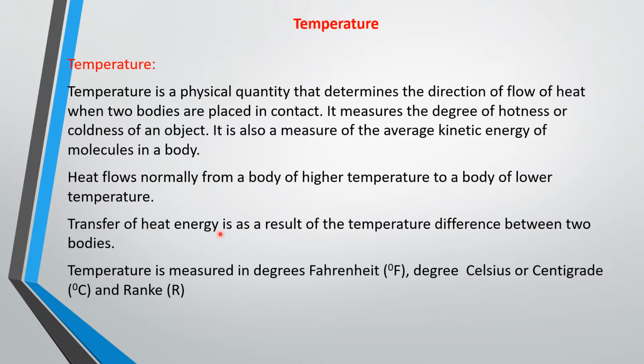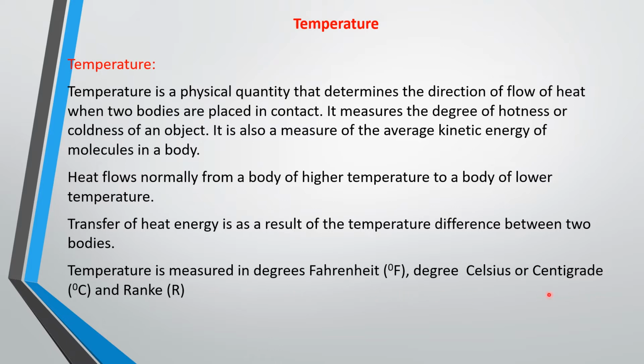So transfer of heat energy is as a result of the temperature difference between two bodies, and temperature is measured in degree Fahrenheit, degree Celsius or centigrade, or the Rankine. These are some of the units of measurement of temperature. We also have Kelvin, right?